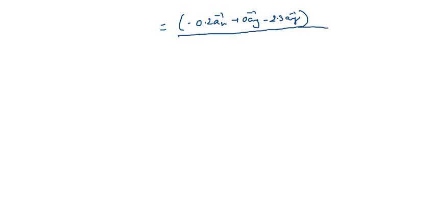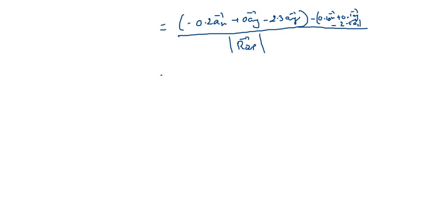And minus r Q is given by minus 0.2 a x vector plus 0.1 a y vector minus 2.5 a z vector, divided by the modulus of r QP.